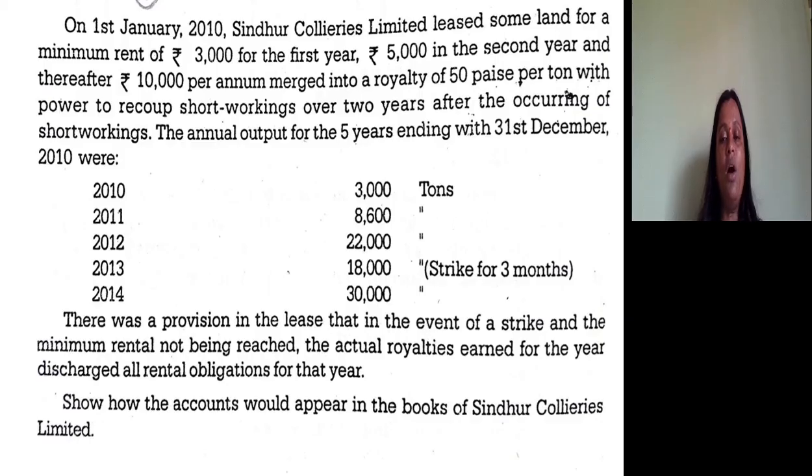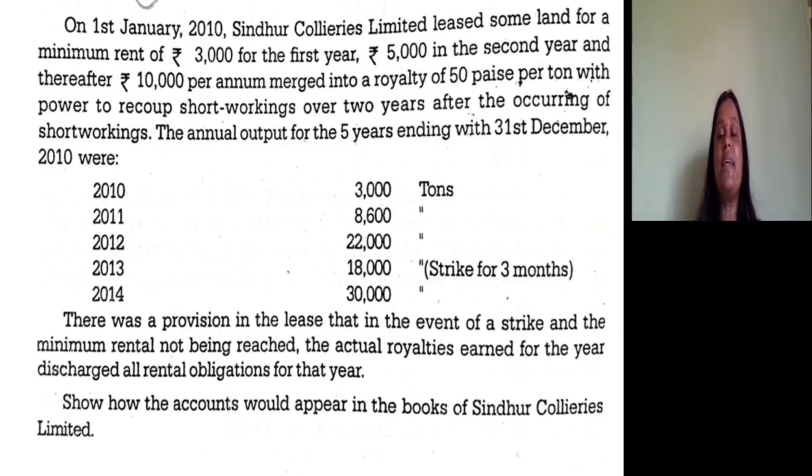I think you have already come across the change that you are supposed to make in the first sentence of the problem: On 1st January 2010, S Limited got on lease some land for a minimum rent. When we look at the solution part of this problem, they solved it taking S Limited as lessee, not as lessor.